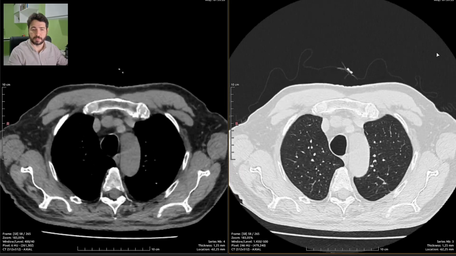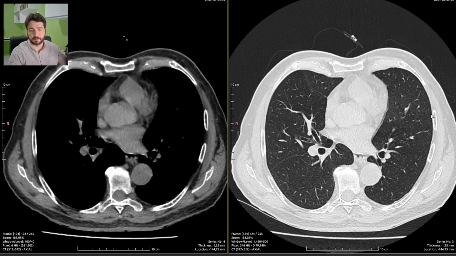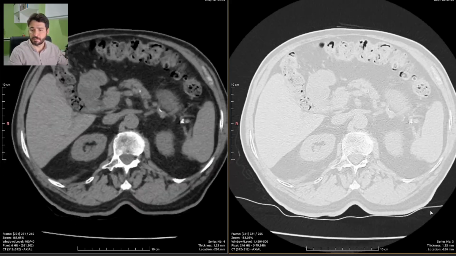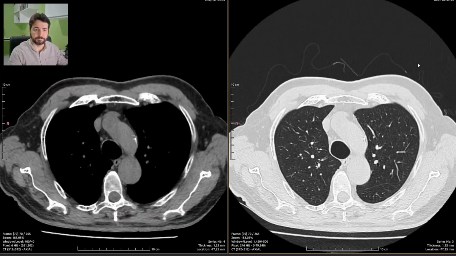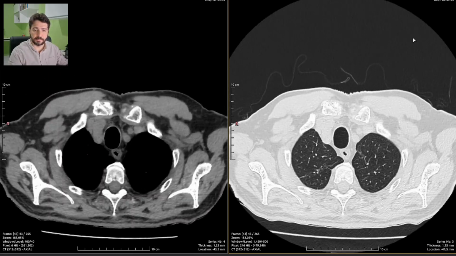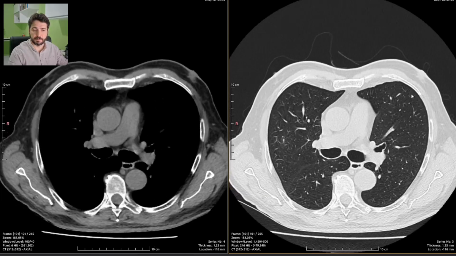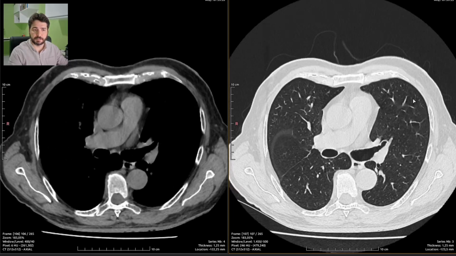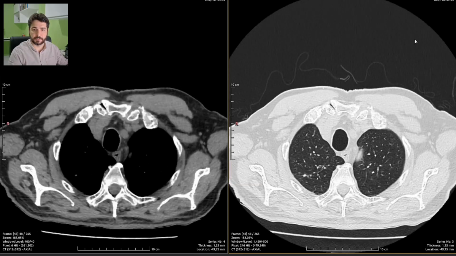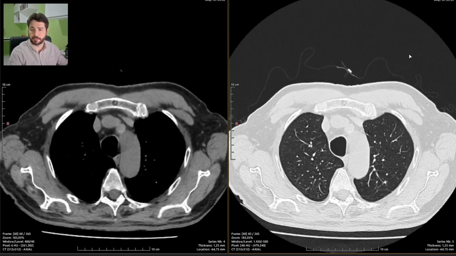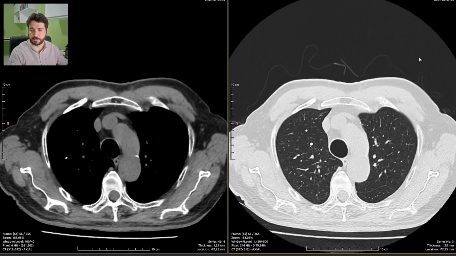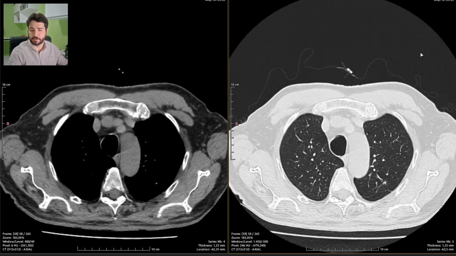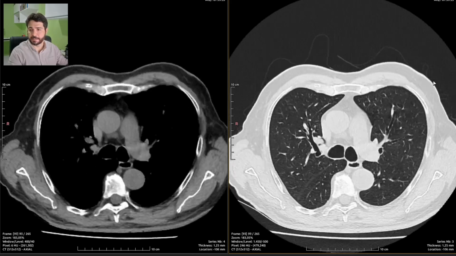Whatever you guys think is wrong with this patient, just leave in the comments below before we move forward, so you can practice reading with no tips or pointers, which is quite nice for those of you still beginning this journey of learning CT scans.